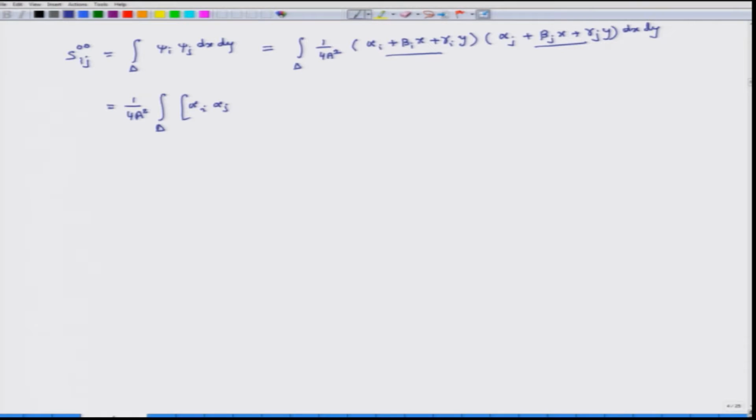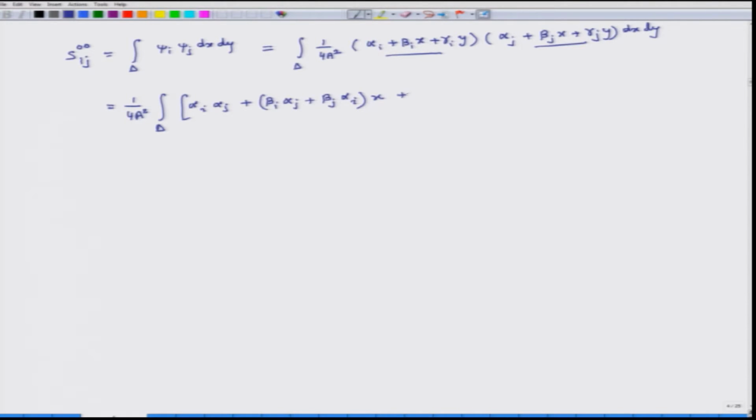Then the next term will involve x: beta I alpha j plus beta j alpha I, times x.